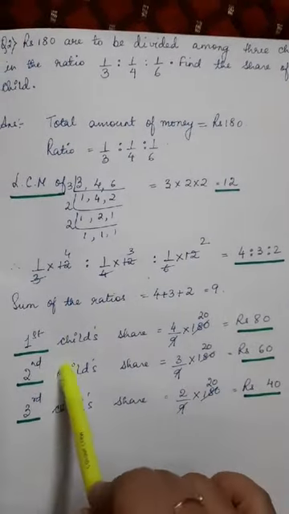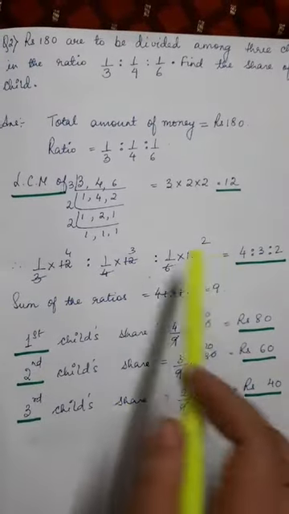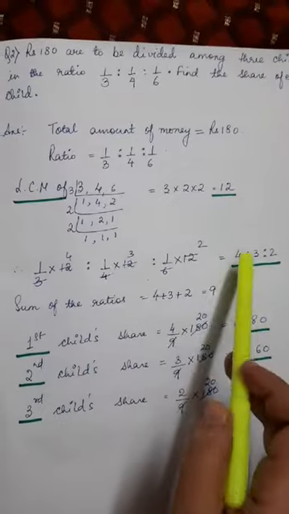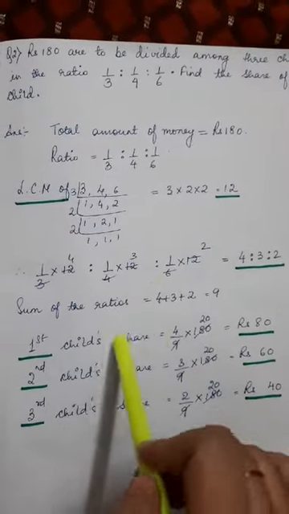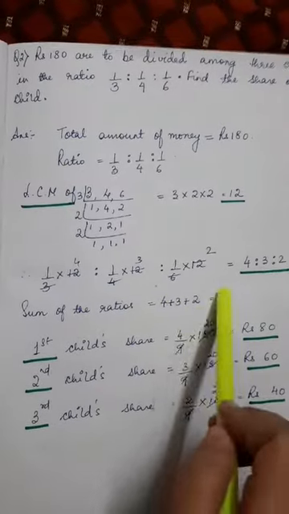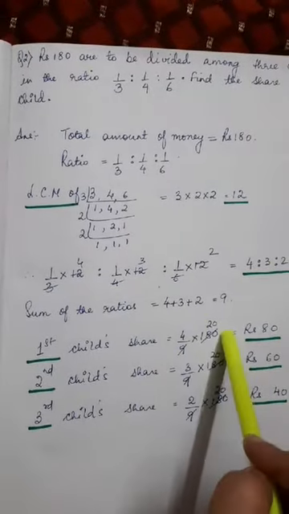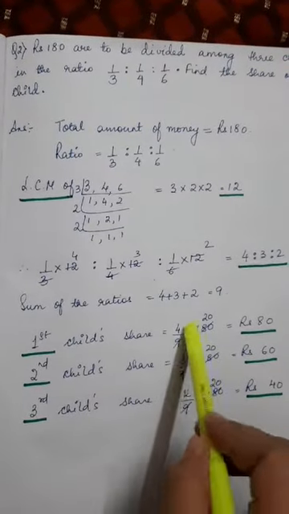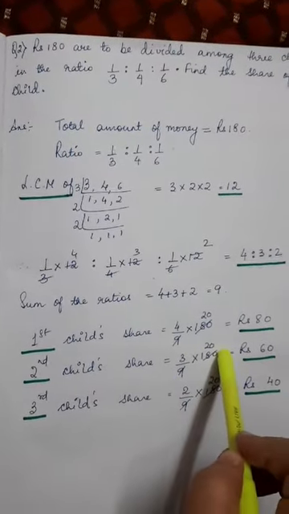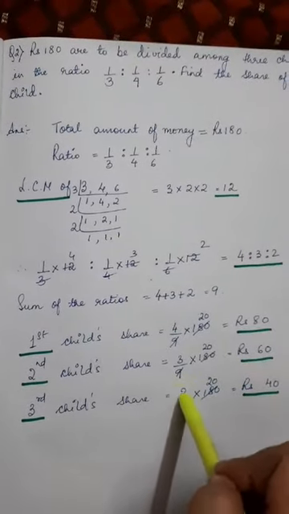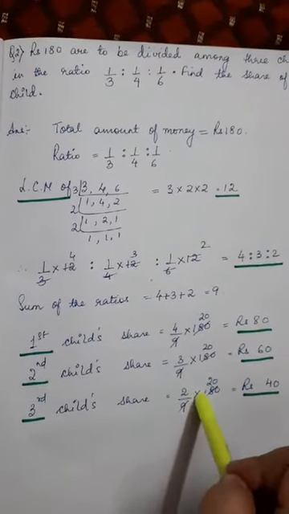So, children, the process of dividing a total amount into 3 ratios is finding the sum of the ratios, and then the individual's share will be the first ratio divided by the total into the total amount. Again, the second share will be the second ratio divided by the total into the total amount. Again, the third share will be the third ratio divided by the total sum of the ratio into the total.